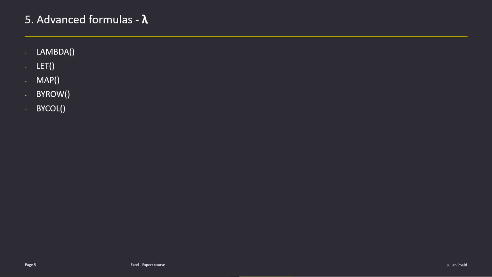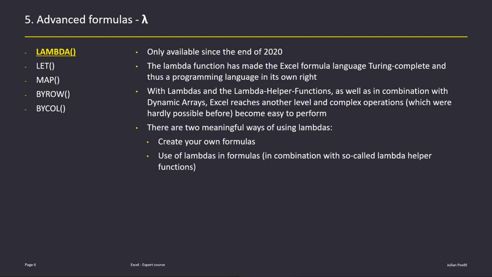And with this we will learn 5 functions today. One is the LAMBDA function. The LAMBDA function is only available since the end of 2020. And with the LAMBDA function, Excel is a programming language in its own right, because with the LAMBDA function, Excel became Turing complete.